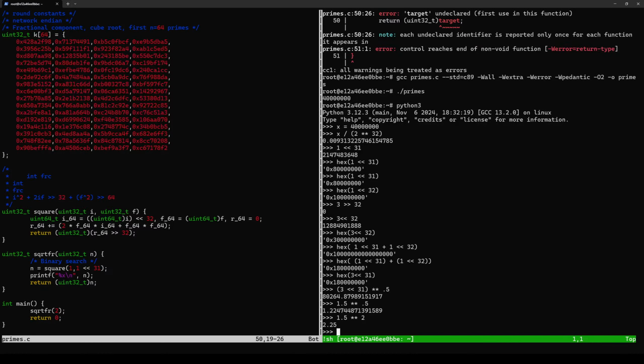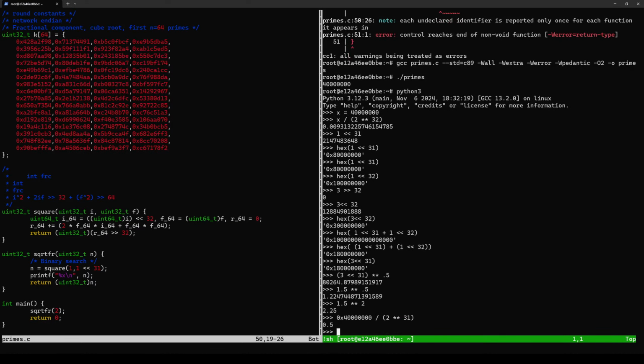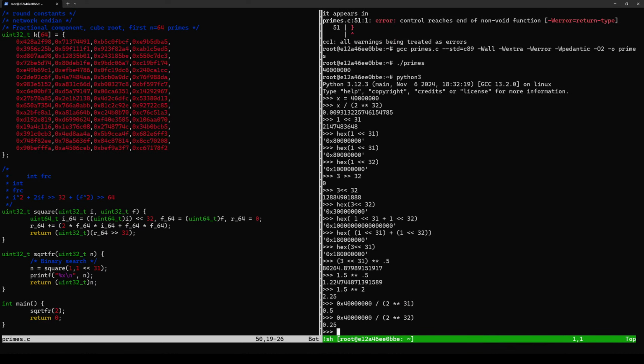That's a quarter. This is a quarter because it is 1, 2, 3, 1, 2, 3, 4 divided by, right, yes, it's this thing. 2 to the 30, yeah. It is 1 quarter. So my square calculation is correct.